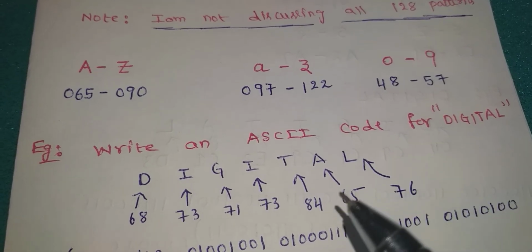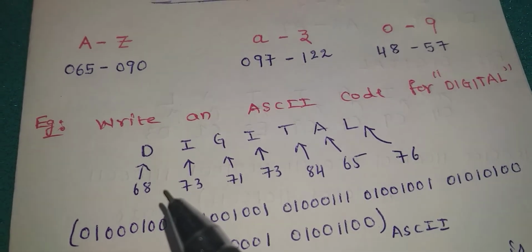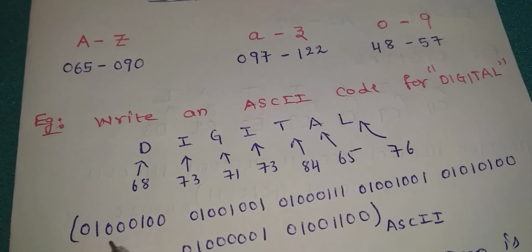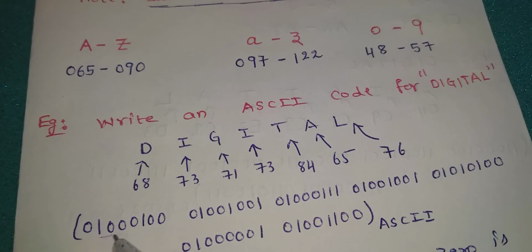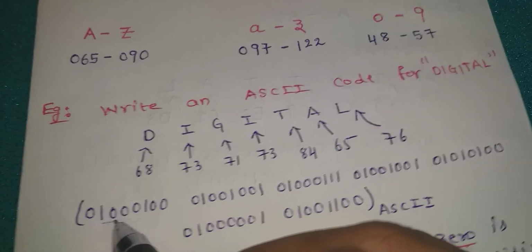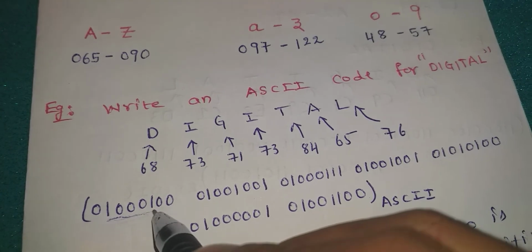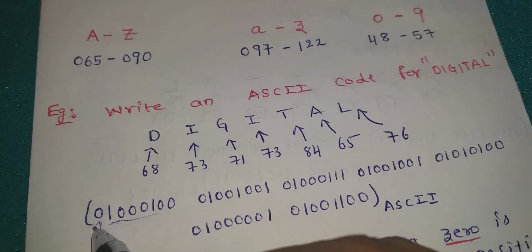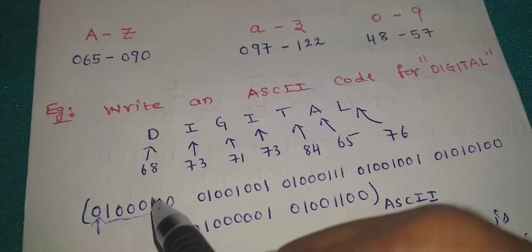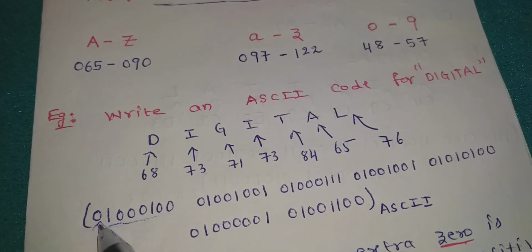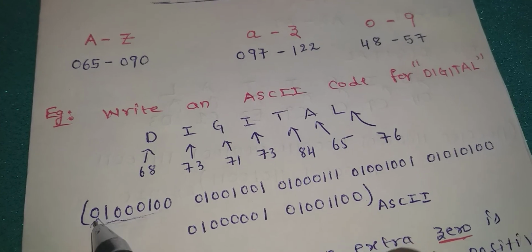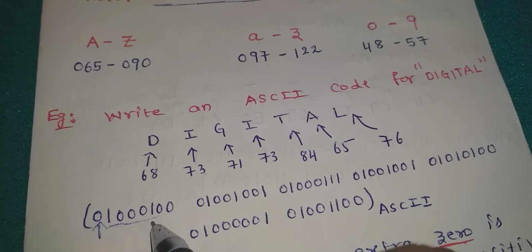Now I have written 68 in the ASCII code. Don't be confused: the ASCII code is 7-bit itself. But I have considered an extra bit for representing that it is positive, that means 0 then 68. Is it clear? That means 68 is a positive number.